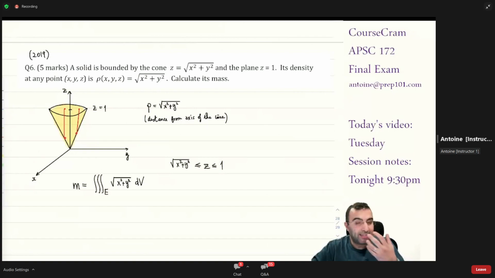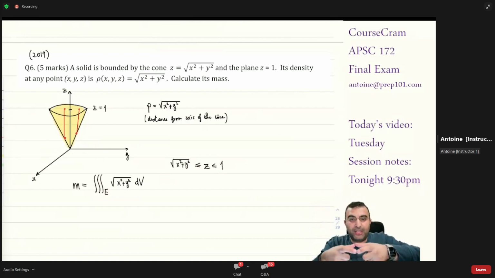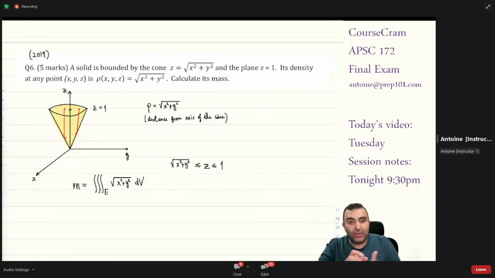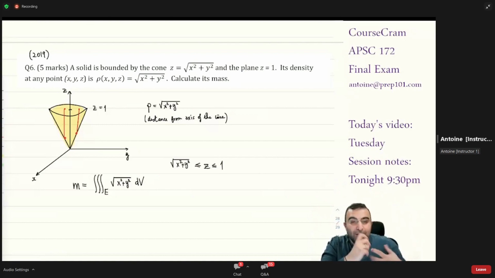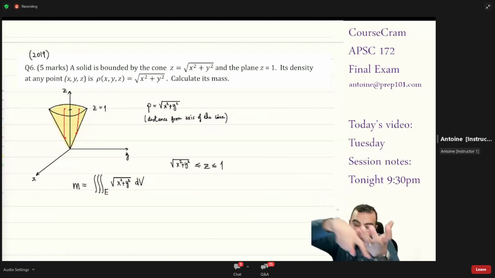Remember, how do we find volume when we're talking in 3D? We have a surface on top of a surface, and this is all happening over a region in the xy plane. The xy plane gives us a region, and z goes from one place to the other, just like with areas, where the area is the top curve minus the bottom curve. Here we're doing a volume, so the top surface minus the bottom surface over a certain region in the xy plane.